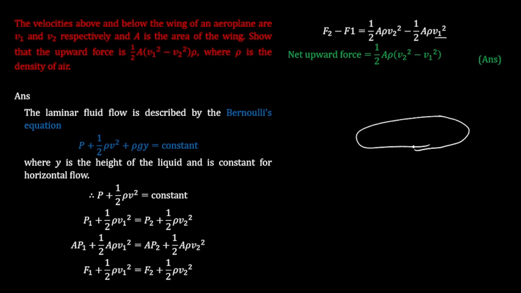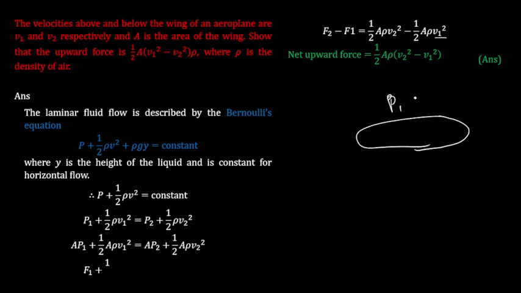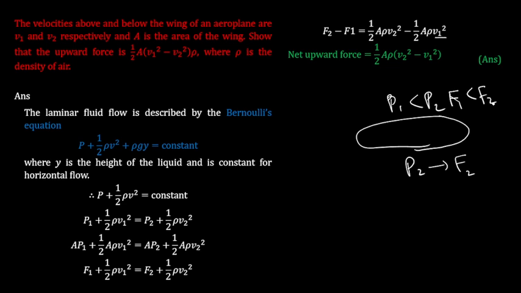We have understood that the pressure above the wing is smaller than the pressure below. Means pressure below is higher. So this pressure creates a greater force from below the wing, and this pressure creates a force that is smaller from above the wing. So because the force below is higher, there is a net upward force on this wing.